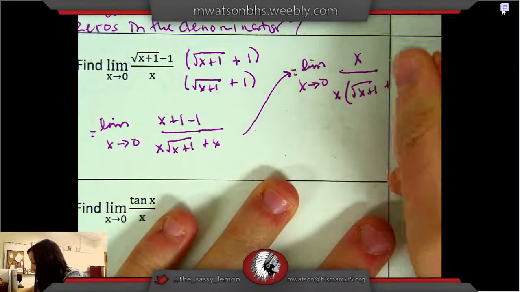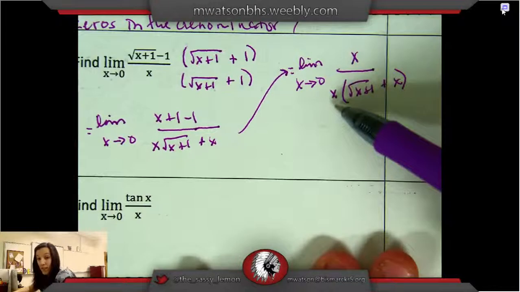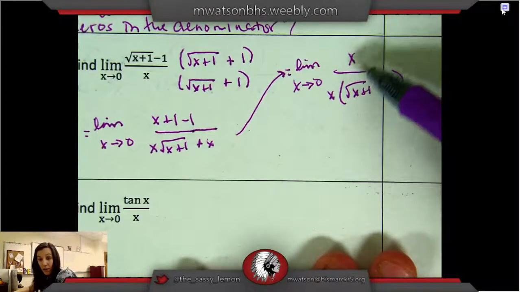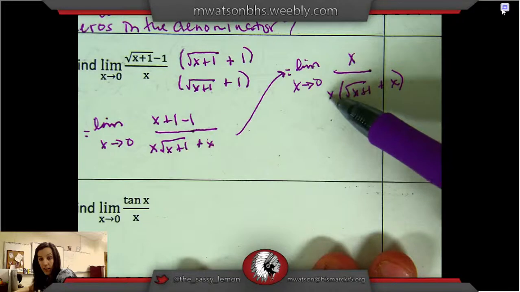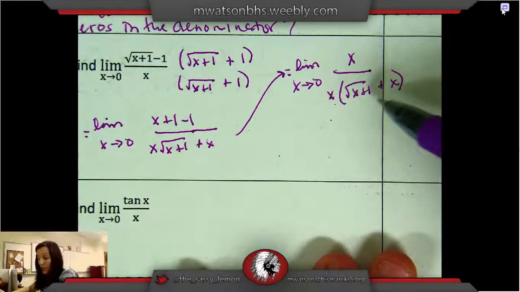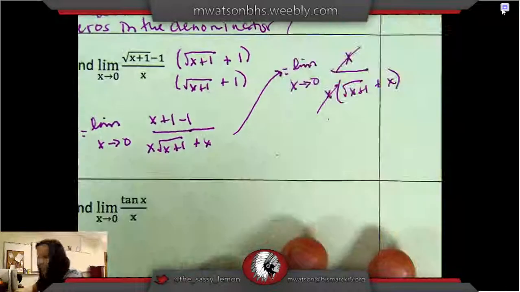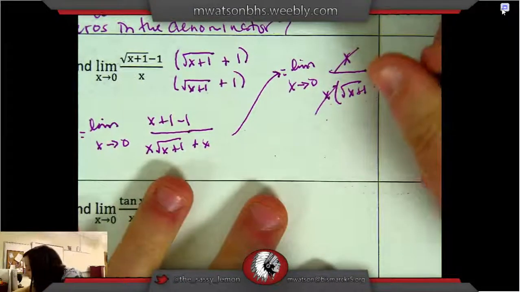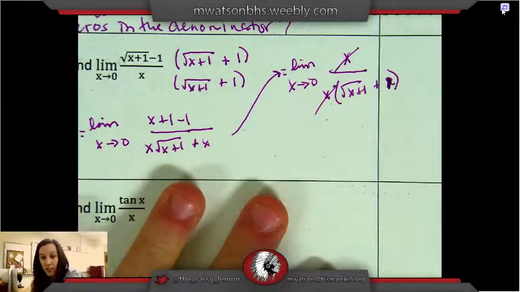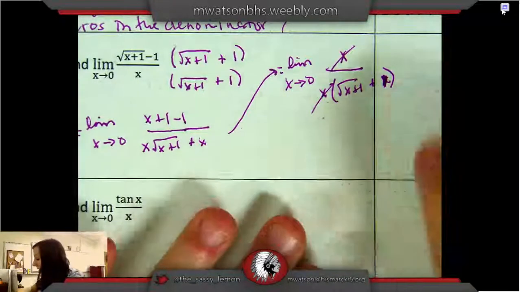I should have had the foresight to see that this x down here is going to cancel with this x up here. And I can only cancel it if it's times this other portion. So that's why I factored it back out. And so now we're left with, oh crud, that was a 1 right there. When I factored the x back out, that was a 1.